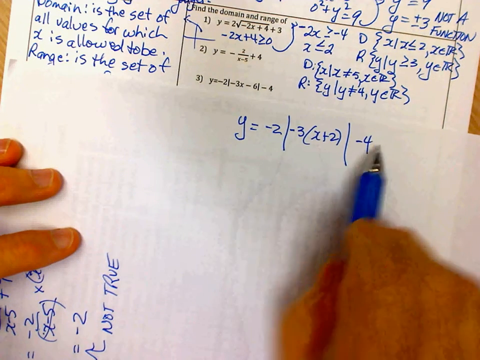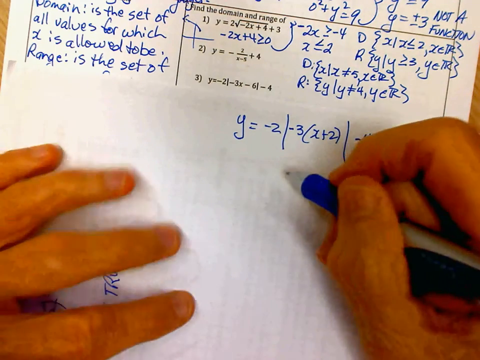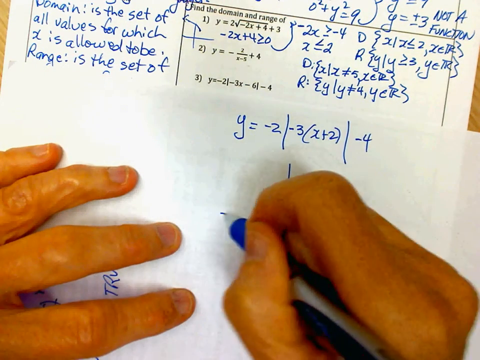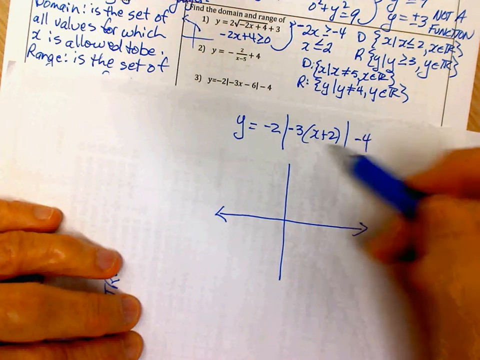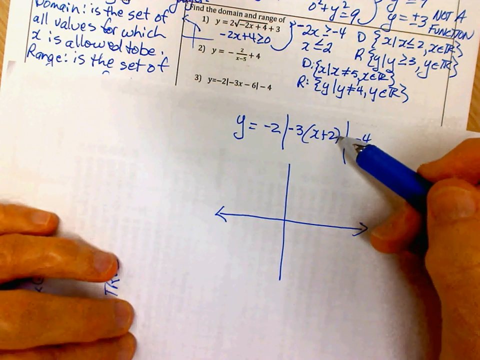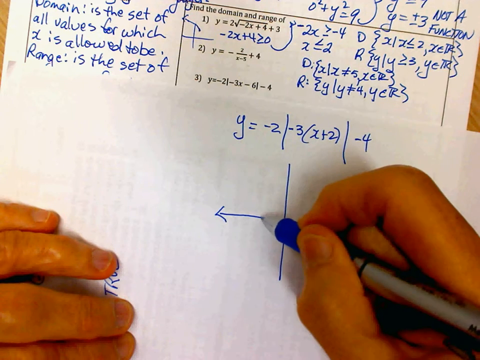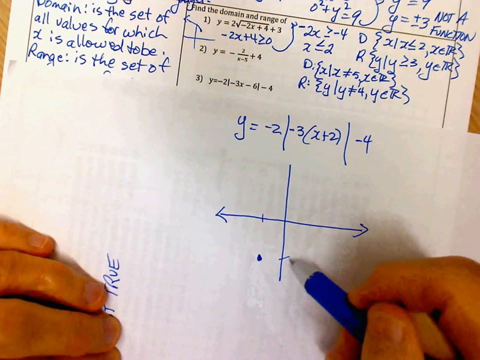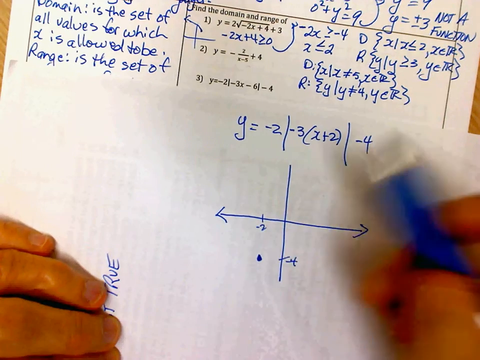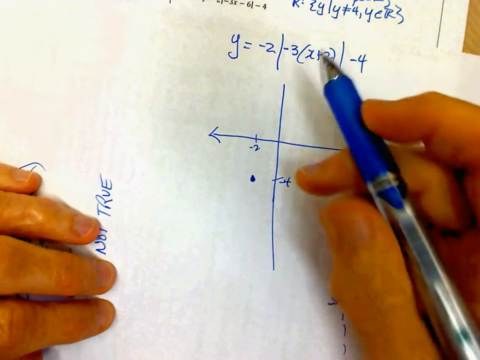Notice the vertex of this absolute value function is negative 2, negative 4. About there. Let's say that's negative 4, this is negative 2. And because this graph is opening downwards, it's going to look like this.